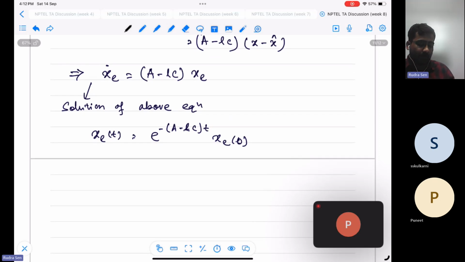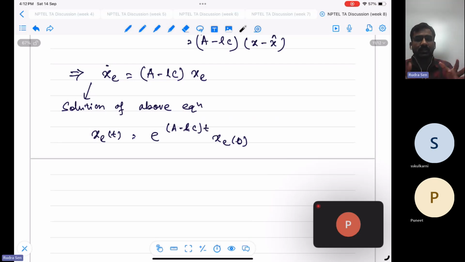This is my solution of the above equation. So that means, if the eigenvalues of this matrix, I think this should not be plus, so if the eigenvalues of this matrix lie in the left half of the complex plane, then we have designed the asymptotic state observer.